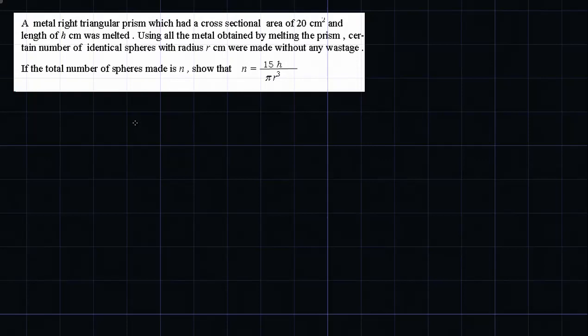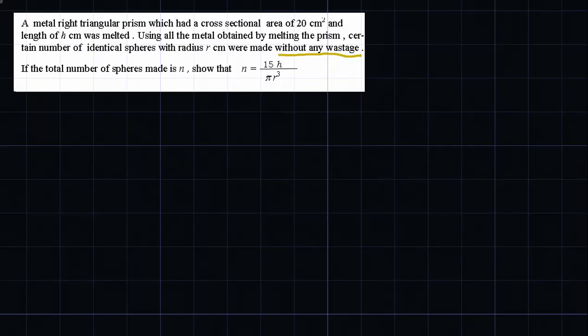So that changed the shape. The moment you read that there's no wastage, what should come into your mind? The amount of material. So what's the material here? It's metal. So the amount of metal will be the same.